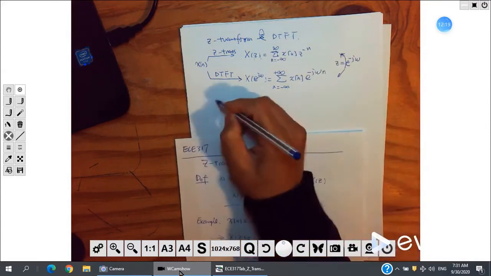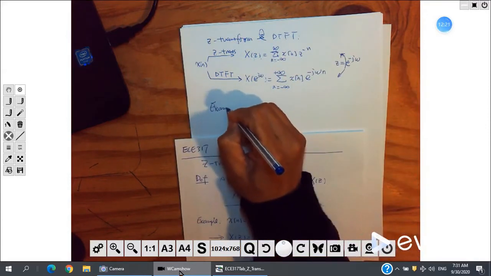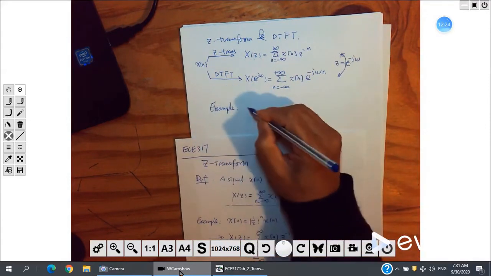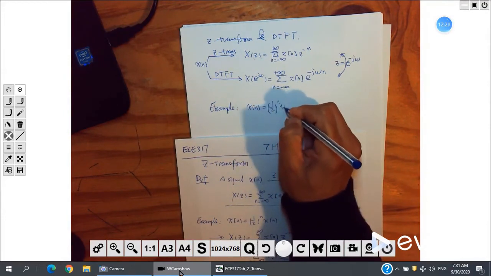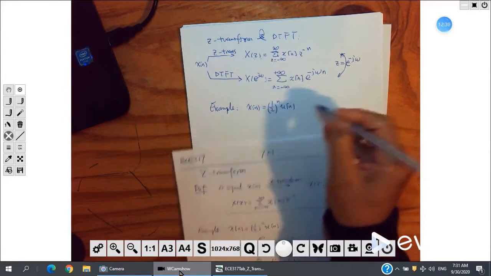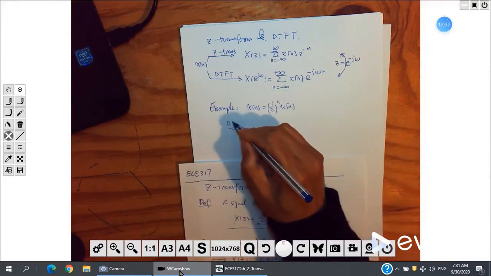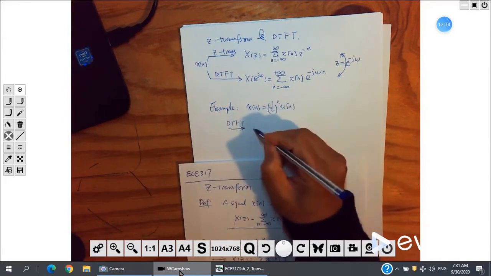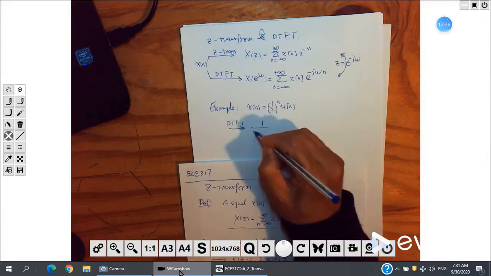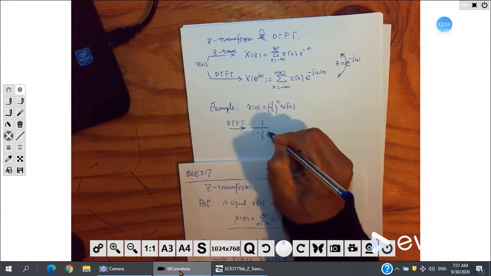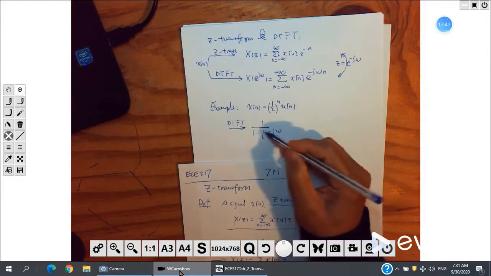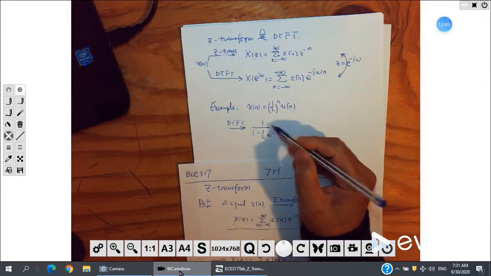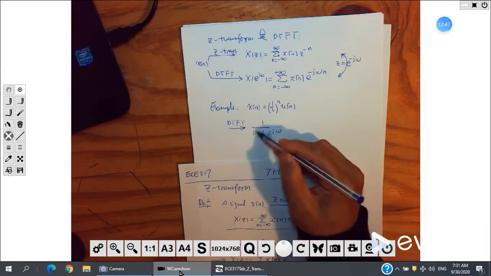And you can go back. So we can have an example, x of n equals half to the n u of n. By DTFT, we have 1 over 1 minus half e to the negative j omega. You can check the Fourier transform tables, right? This one by DTFT will get this.